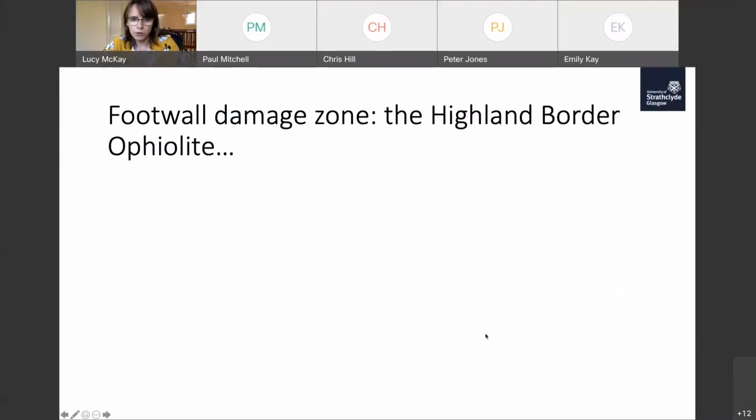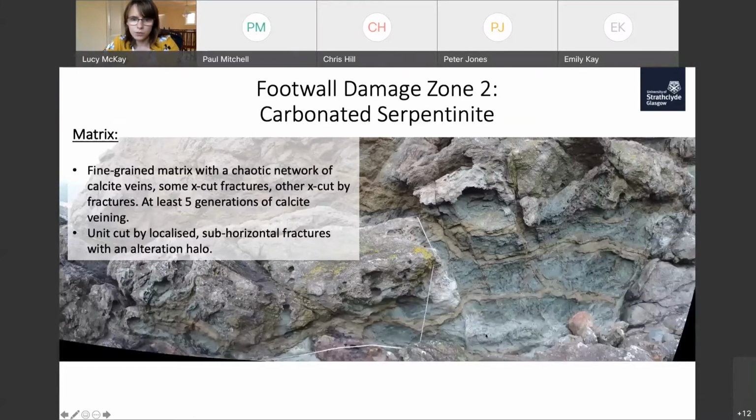So starting at the bottom in the ophiolite. The first unit, that purple unit on the map, is a carbonated serpentinite that belongs to the ophiolite. And this displays a chaotic network of cross-cutting calcite veins. And it's cut by localised sub-horizontal fractures that have alteration halos.